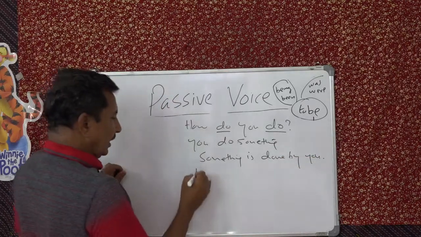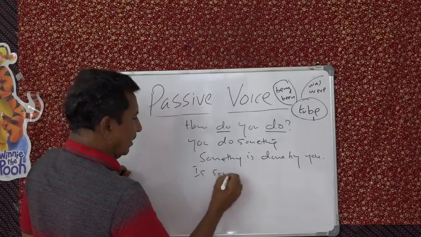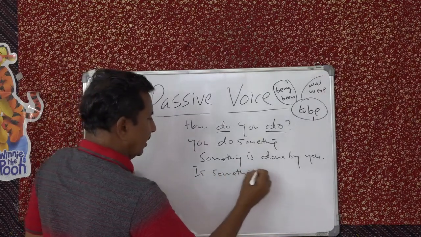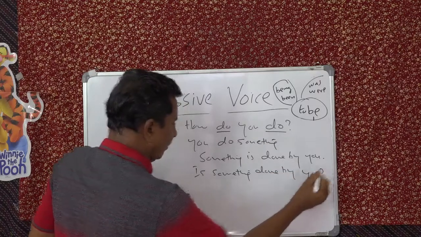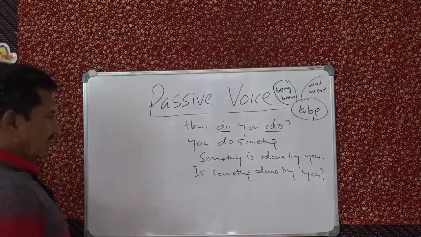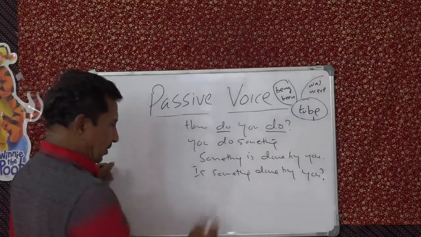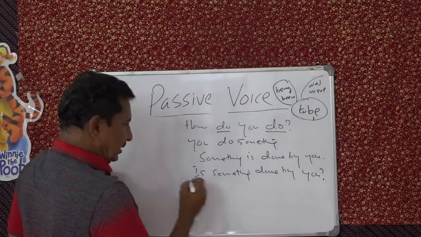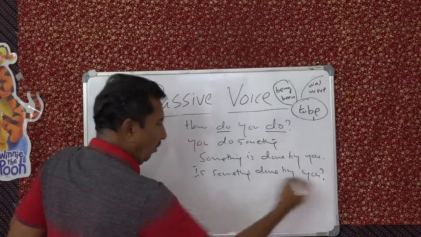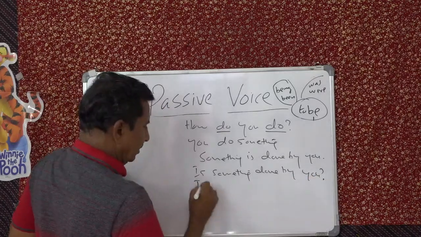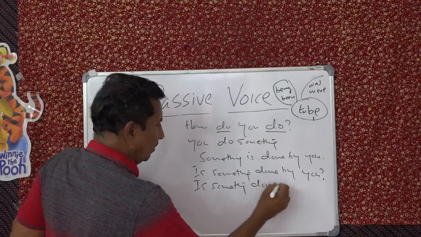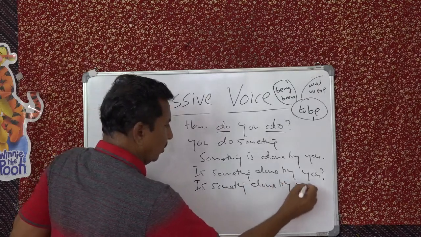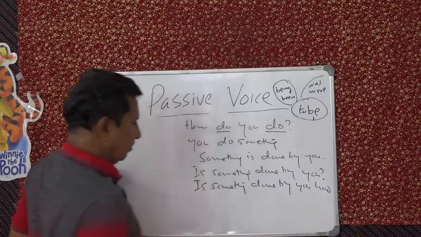Yes or no question, is something done by you? Then you want to ask how, isn't it? Is something done by you? How? Is something done by you? Question word, how?